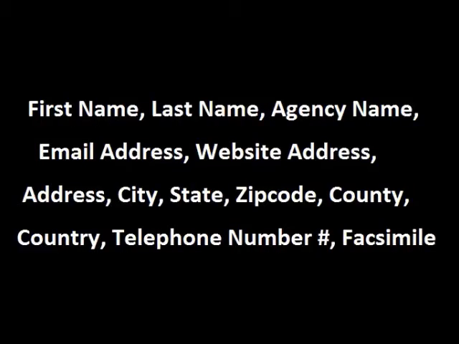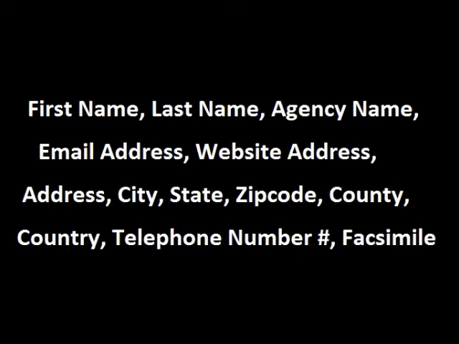So let's take a look at how the real estate data is sorted. Firstly, it'll be by first name and last name, then by the agency name. That could be Keller Williams, Coldwell Banker, Weichert Realty. It breaks it down into all the small, medium, and large agencies.